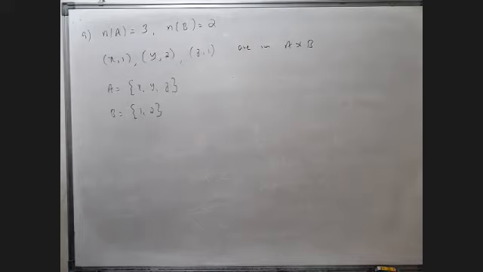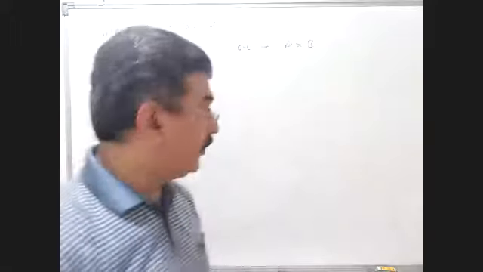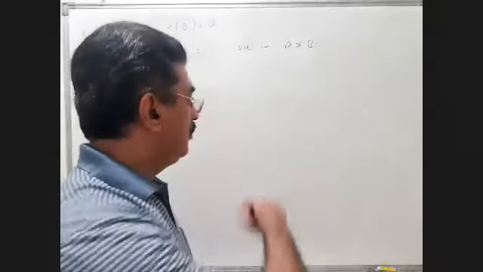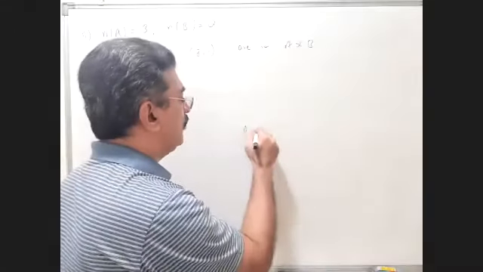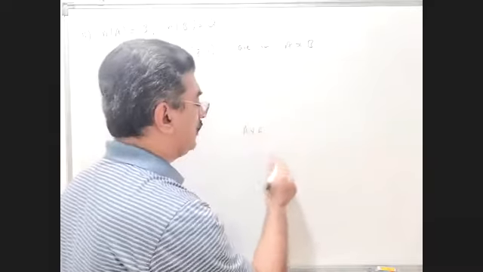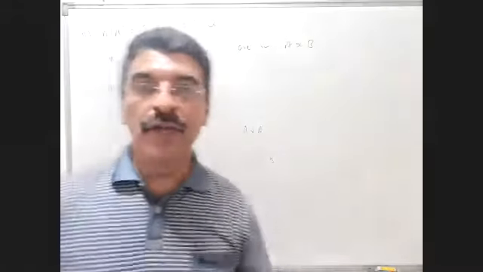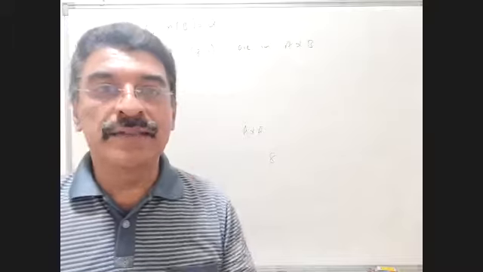Now the last one: the Cartesian product A cross A has 9 elements. Suppose that in a question you got the number of elements in A cross A as 8.